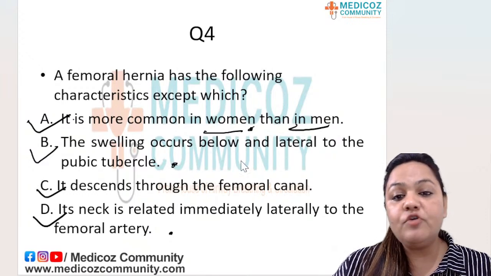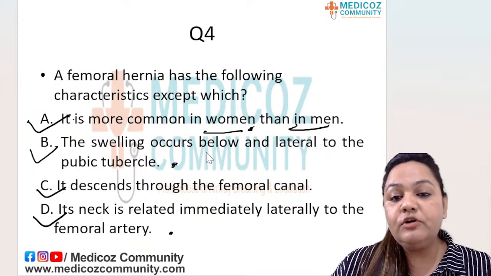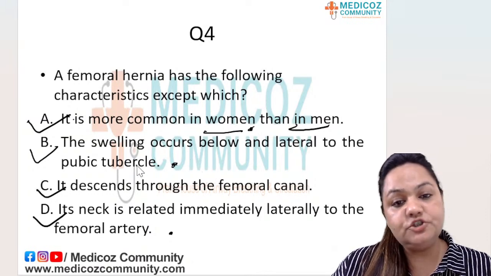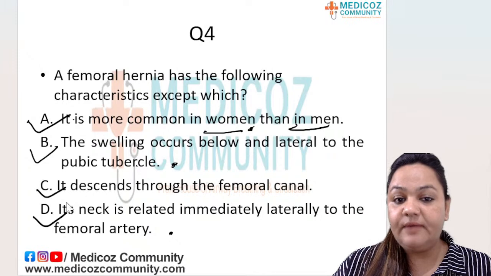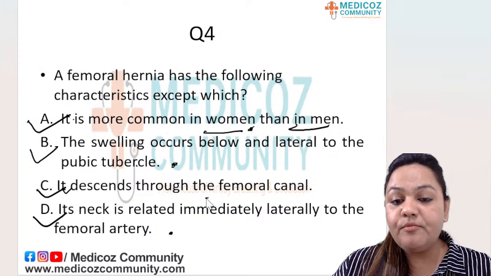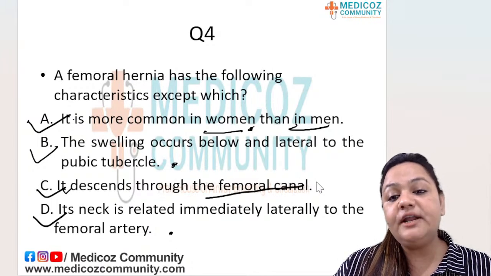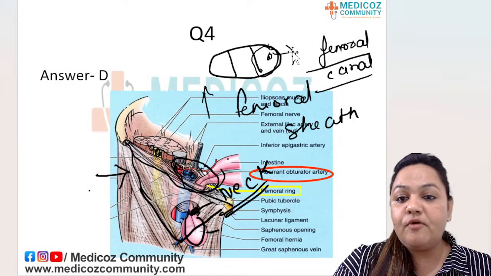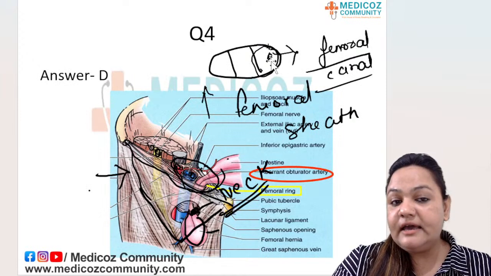Yes, if there is a femoral hernia, you will find a bulge or swelling just below and lateral to the pubic tubercle, because that is the groin area. Then we have option C, that it descends through the femoral canal. Yes, I have already mentioned this point. The femoral canal is the site from where the femoral hernia can occur.